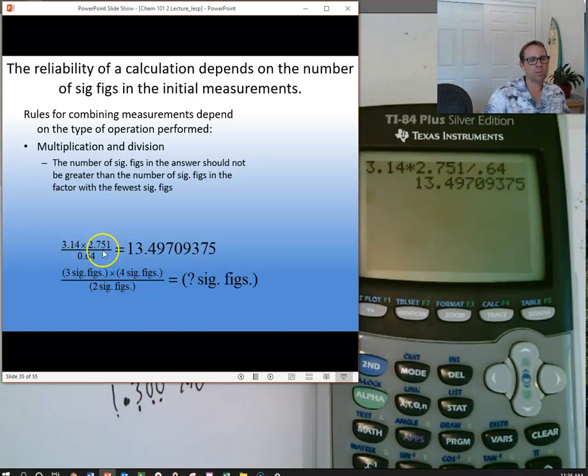So, which one of these 3 numbers has the fewest significant digits, or how many does it have? Of these 3 numbers here, which one has the fewest significant digits? 0.64. That's right, 0.64. How many significant digits is it?